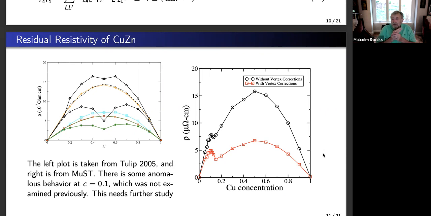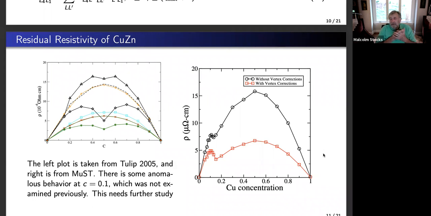I don't know whether the terms were used, but I think we even said that this was due to the lack of vertex corrections to begin with. And so we then did what physicists always do when they don't understand something and don't get the right answer: they invoke some other effect, right?